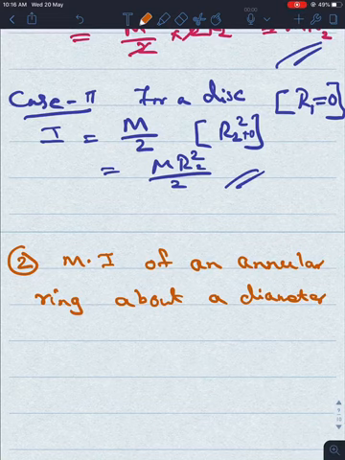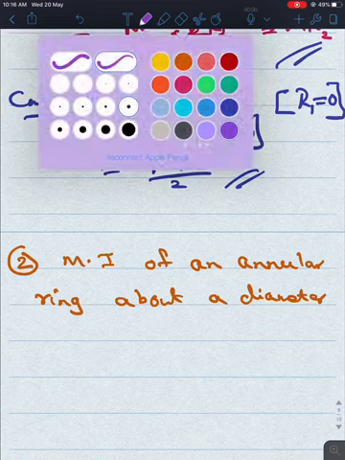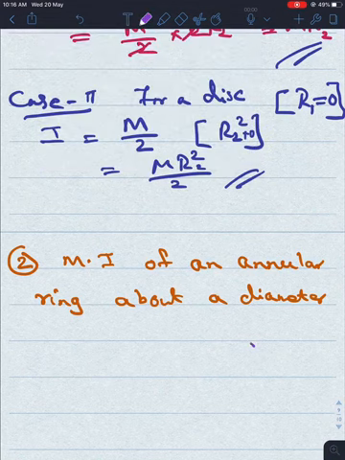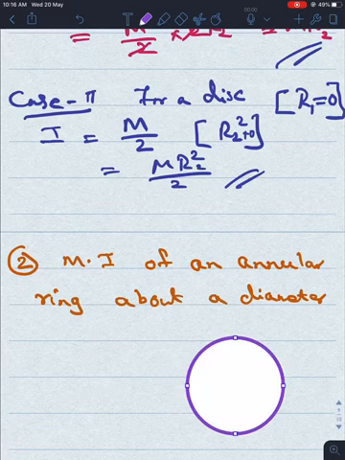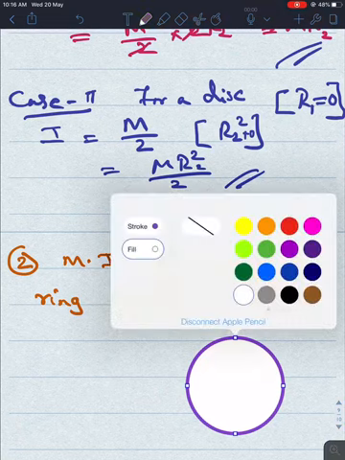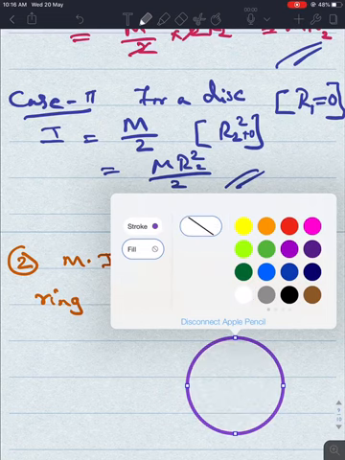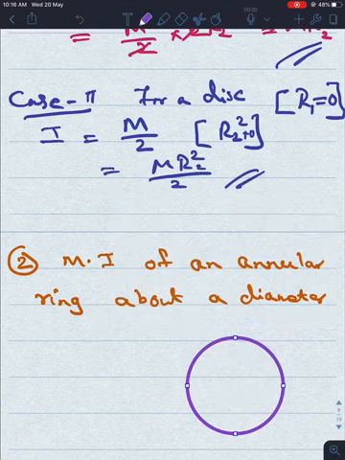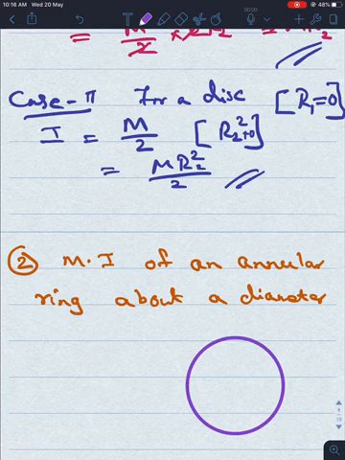So just imagine a ring, okay. I just don't want the fill, so just leave it. Then I have to make it an annular ring, right?